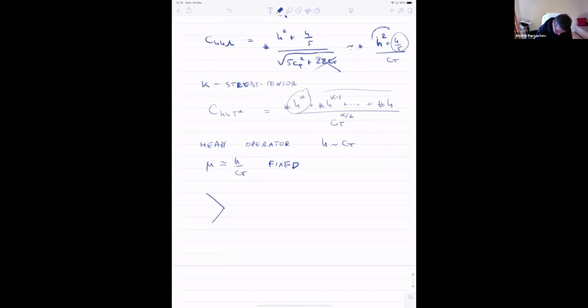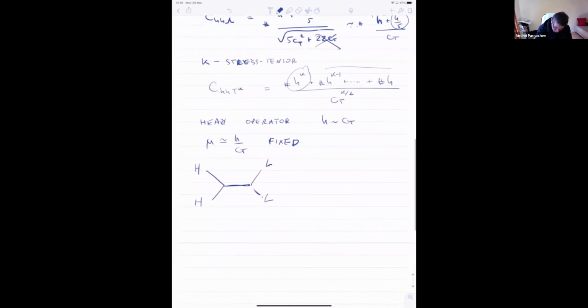Let me consider a correlator with two heavy operators and two light operators, where heavy operators have conformal dimension capital H, which is of order CT, and light operators have conformal dimension of order 1.